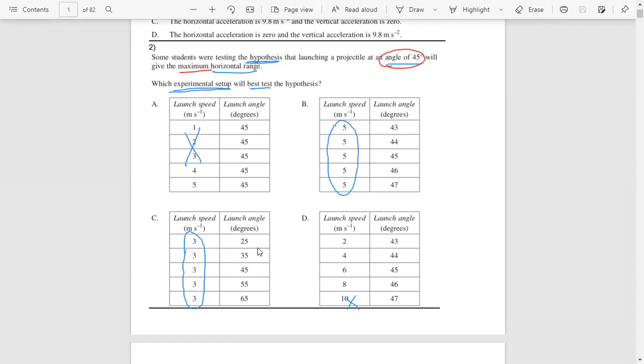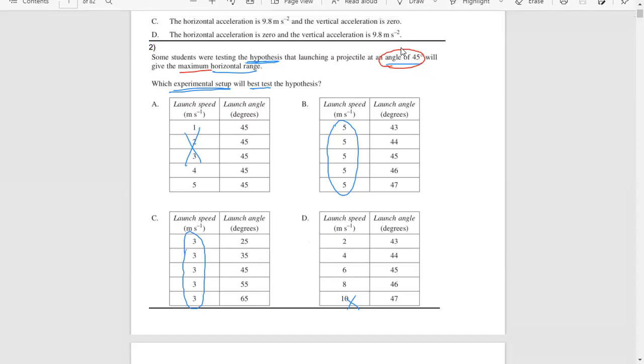Both B and C would test whether the range is affected by launch angle. But to specifically get an angle of 45 or a close idea, B will probably be a better test. The other reason B is a better test is because the launch speed is higher. If the launch speed was low, the difference in range would be very small, and that's why I was also saying, depending on if you can actually measure that.